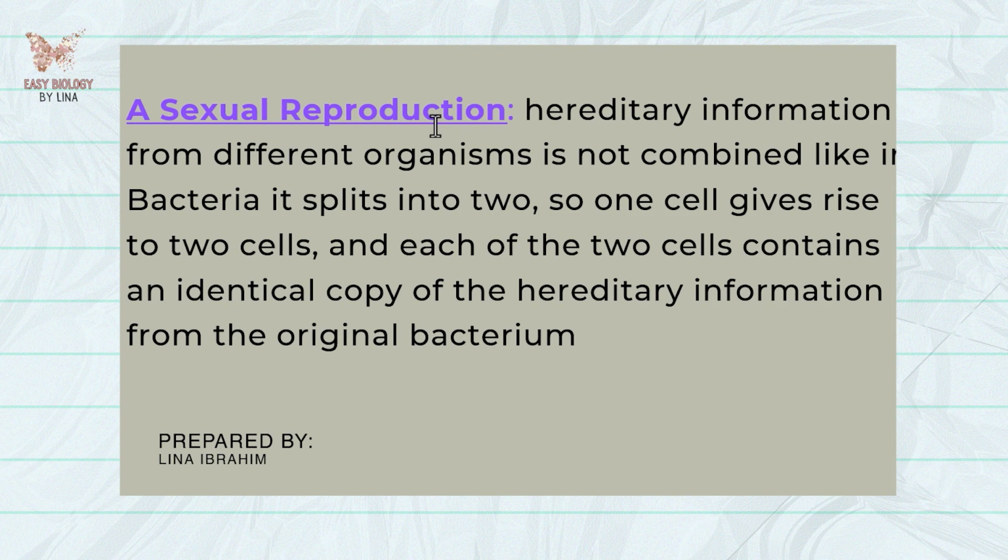So it's like a copy machine making copies after copies from this organism, with the same genetic material, or the same hereditary information, of the first bacterium. While in sexual reproduction, when two organisms combine their DNA, they finally produce offspring with different traits or different hereditary information.